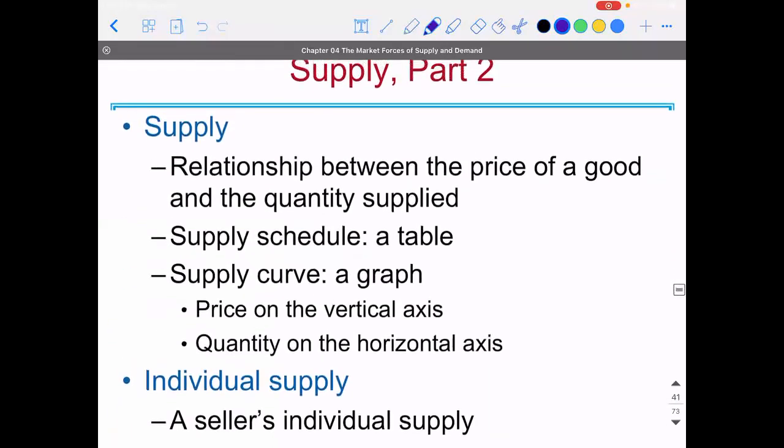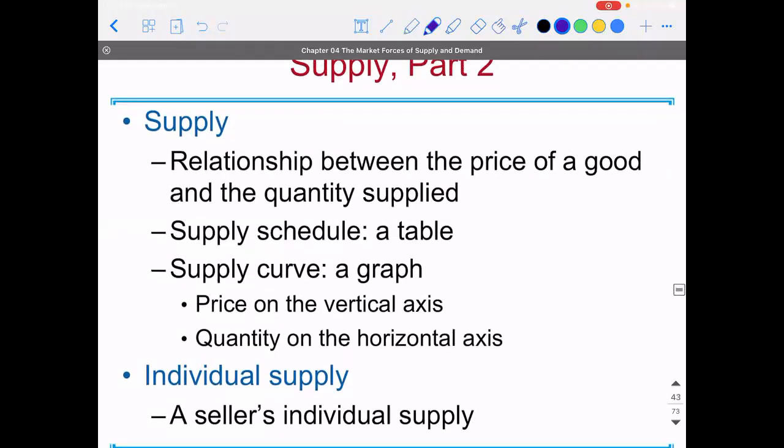So supply can be understood in a number of perspectives, but again, it's the seller's perspective, we can either write out the price and quantity points. So we could make a table that has like, if the price is 1, quantity supplied is 15. If the price is 2, quantity supplied is 25, etc., etc. Or you can draw a graph.